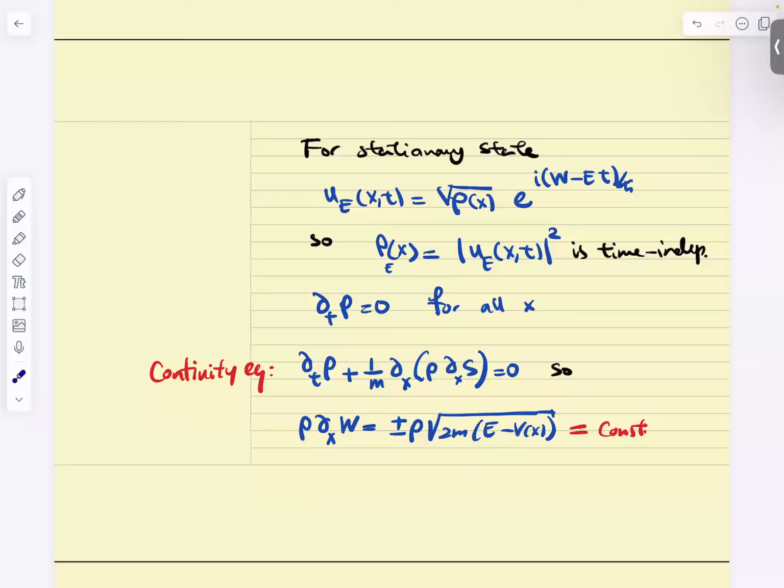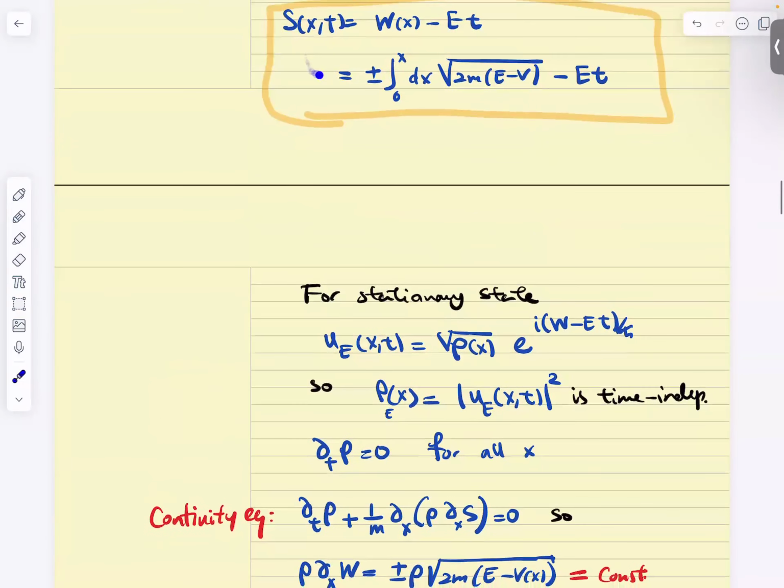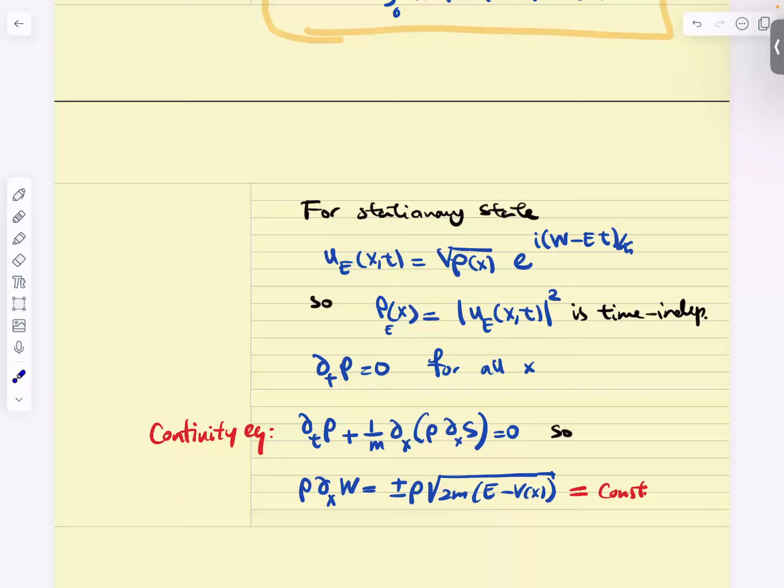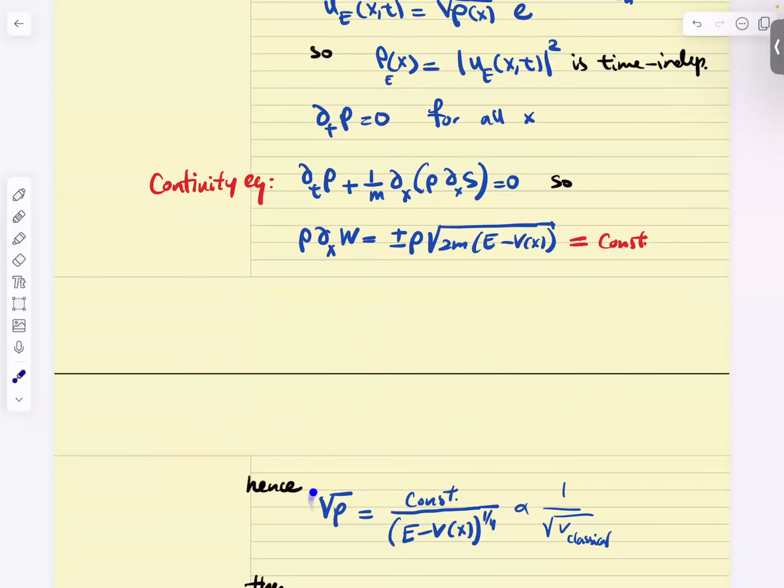Good. But then remember that we know what del S of x is. This was our suggested form for S. Take a derivative with respect to x, you get square root of 2m(E minus V). So here it is. We learned that square root of rho has to be constant over (E minus V of x) to the power of a quarter.